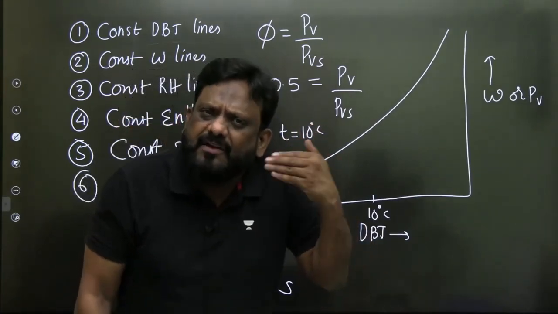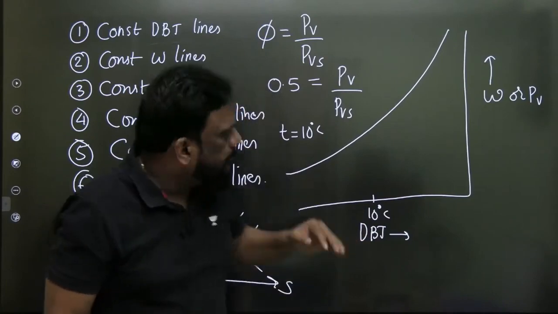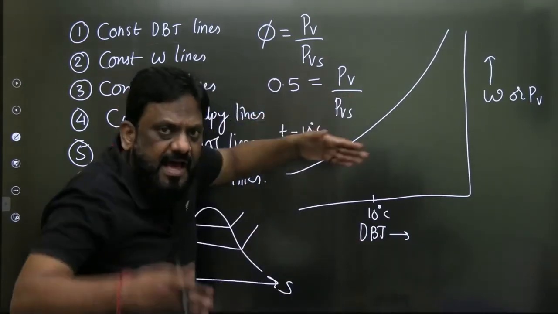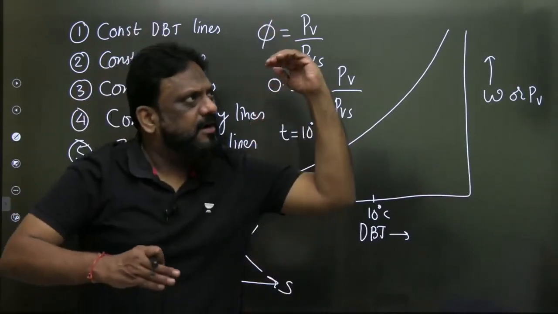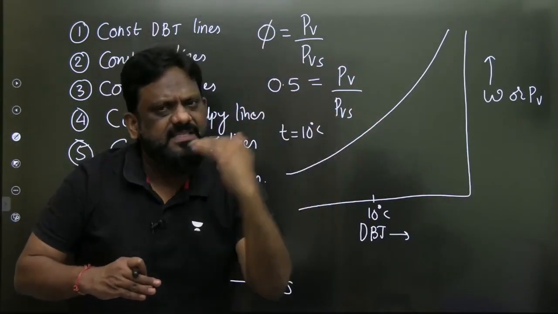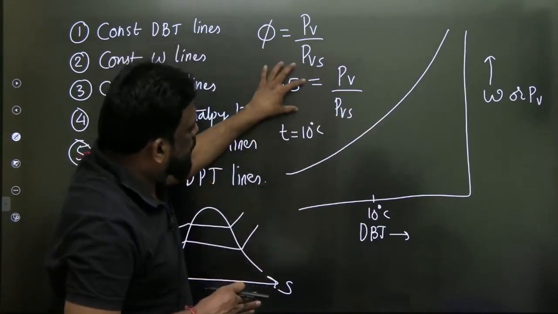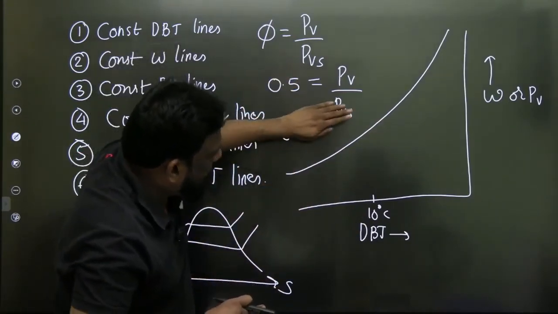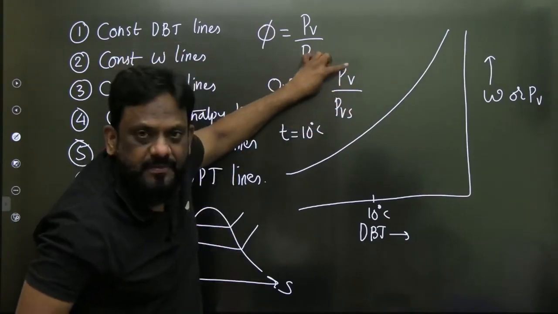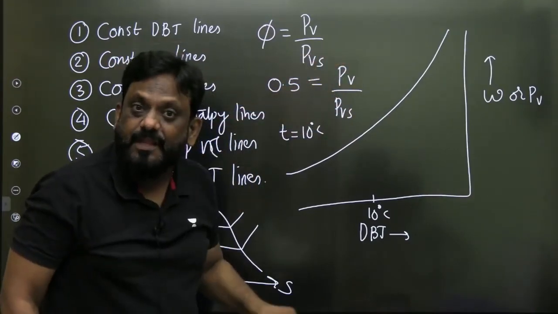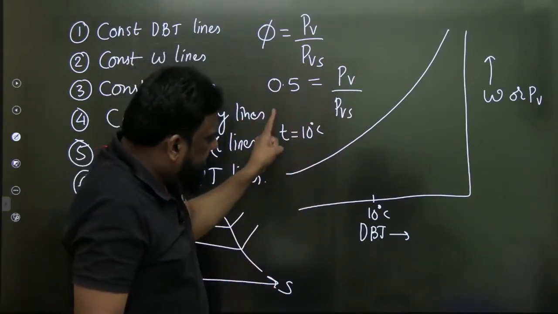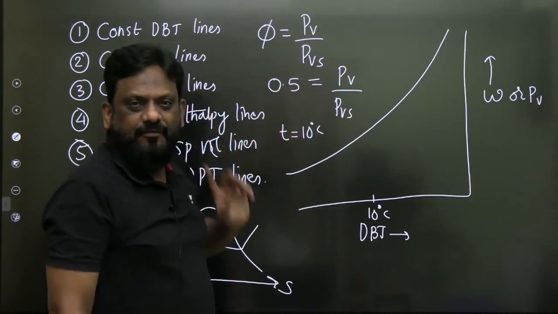You take 5, you take 10, you take 15, you take 20. Corresponding to this, go to steam table, find out PVS. Ready-made tables are available here. For 10, 15, 20, this is the saturation pressure. Corresponding to 10 degrees, you know PVS. From steam tables, can't I calculate PV? Yes, I'll calculate PV, corresponding to 10 degrees centigrade and relative humidity of 0.5.